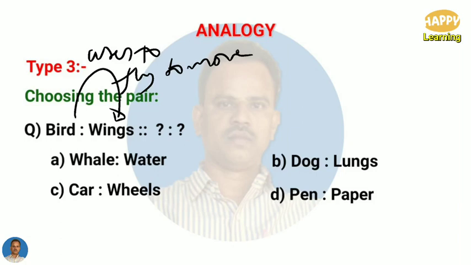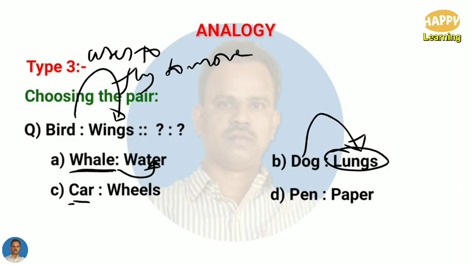Similarly, a whale moves in water. Whale moves in water with its wings? So this is not a right relation. A dog has lungs, but for the dog to move from one place to another, lungs are not useful.